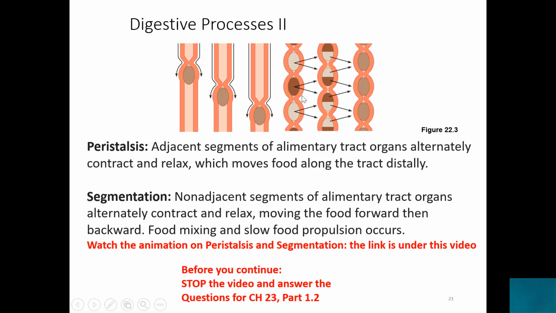But when the walls of the small intestine contract and break a big bolus of food into smaller ones and mix that food with digestive enzymes, that would be called segmentation. To see how it happens, please watch the animation on peristalsis and segmentation. The link would be under the video.